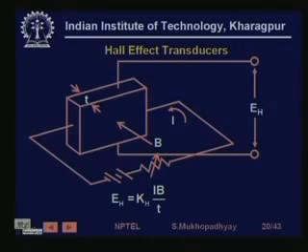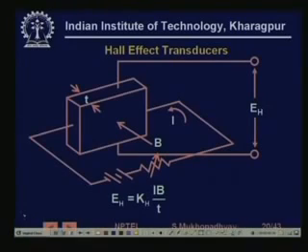At certain discrete points of time, you need to detect that the rotor has come to that position. This is typically achieved using Hall effect transducers. Basic Hall effect transducers are also widely used for measuring current, which is used in drive applications where you need to do current control. But in today's lesson, we are talking about motion control, so we are going to look at it in that context.